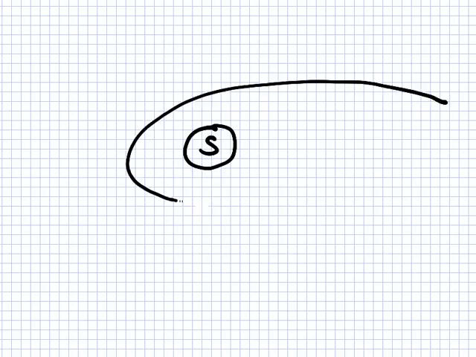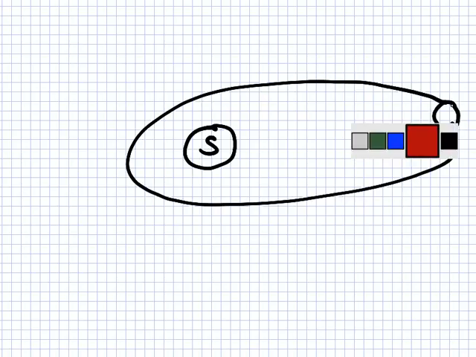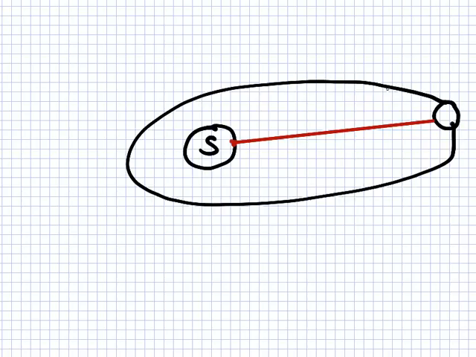Imagine we have the Sun here, and we have the Earth in an elliptical orbit, or well, whatever planet we have here. And we look at days, or months. We'll look at months. So, in 1 month, the Earth moves from this position to, let's say, this position.